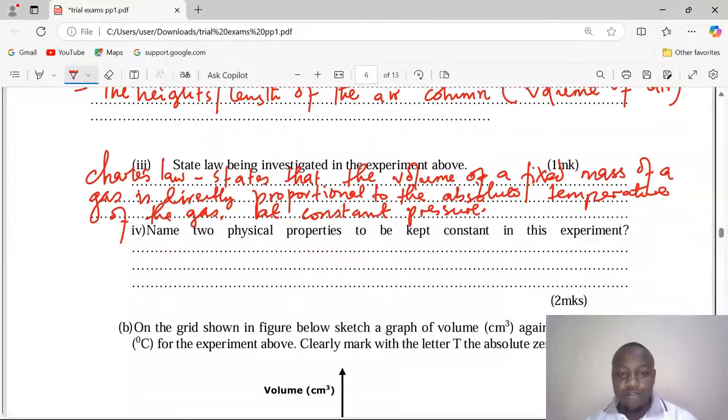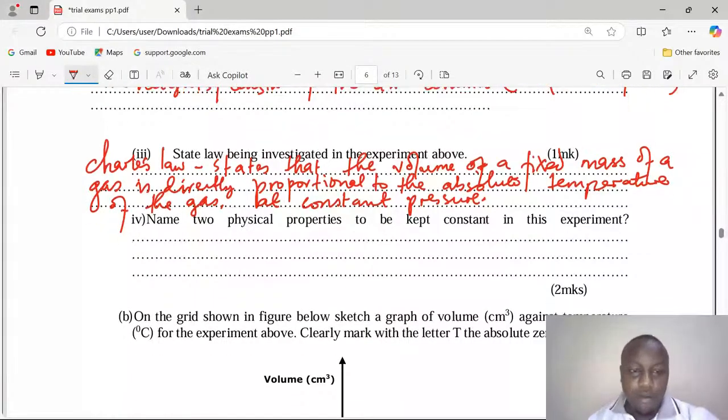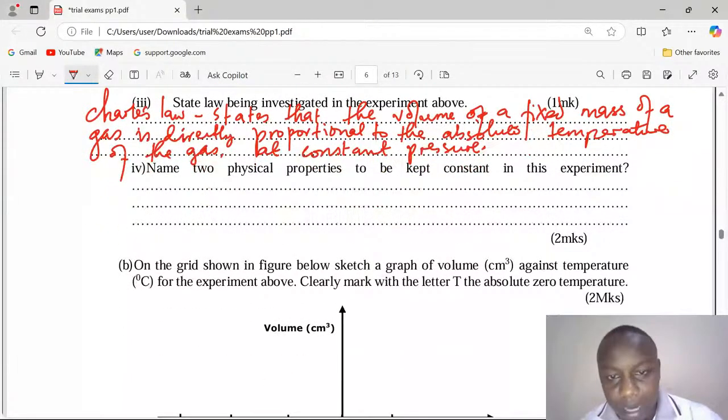Then also you give the last condition, at a constant pressure. That one has to be there. Roman 4, name 2 physical properties to be kept constant in this experiment. When verifying Charles' law, there are some quantities which are supposed to be constant, and they are already in the law. We have already mentioned them.